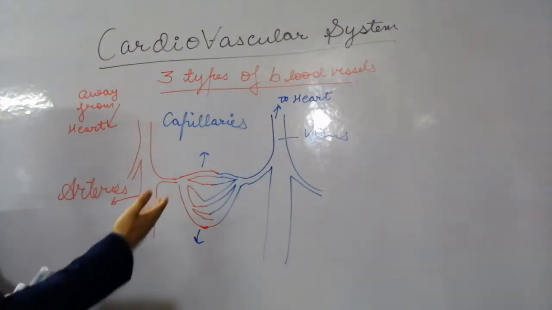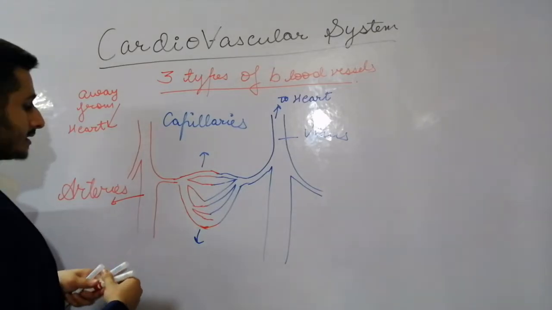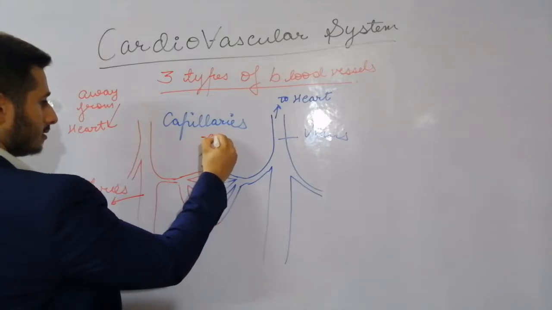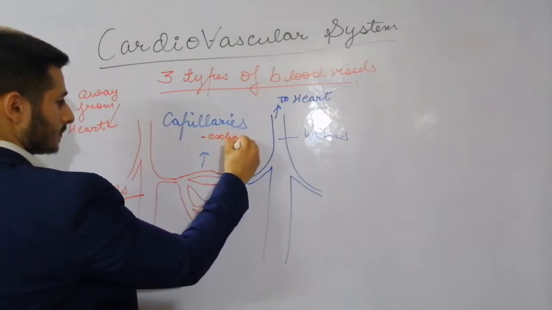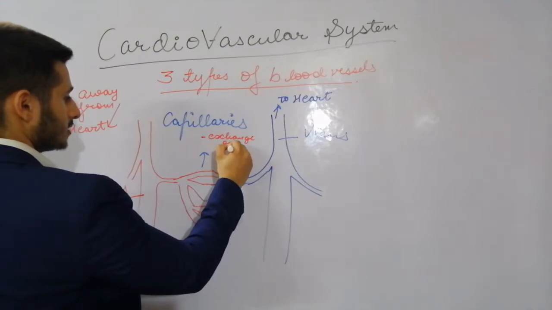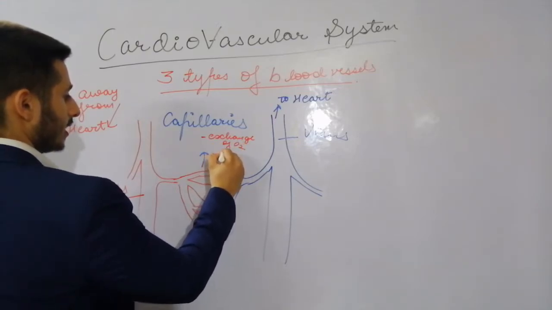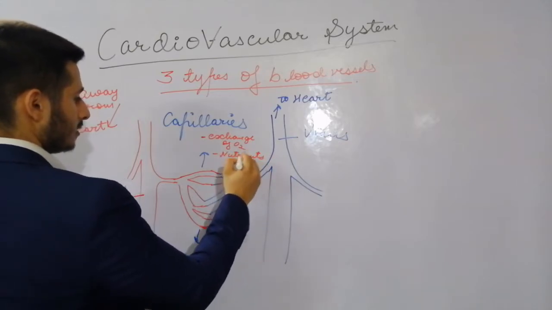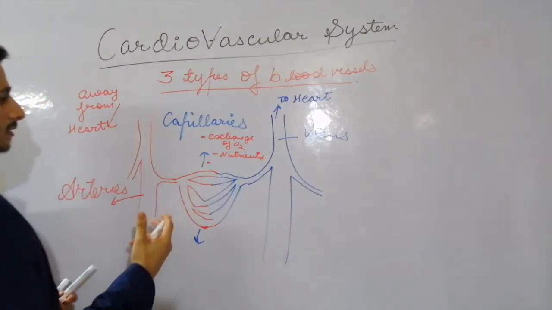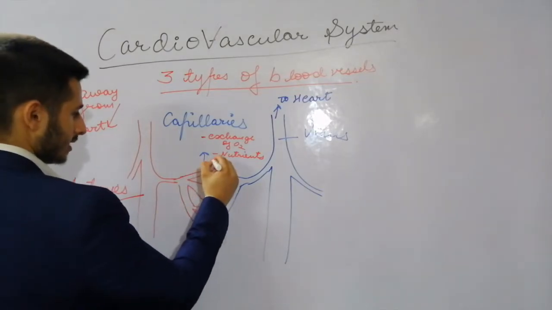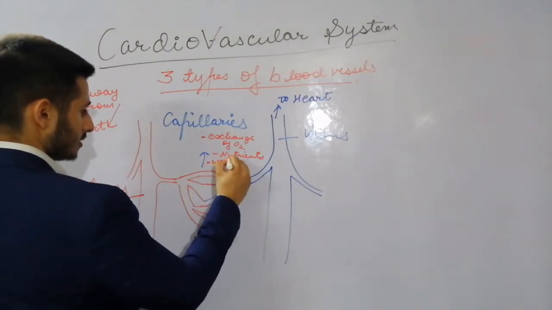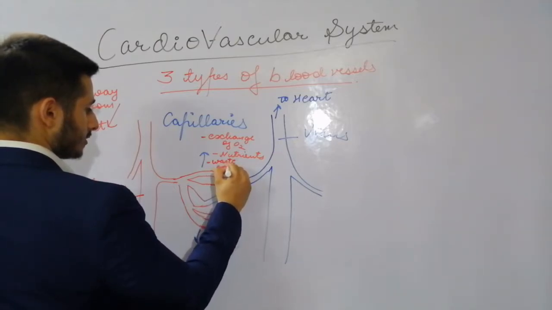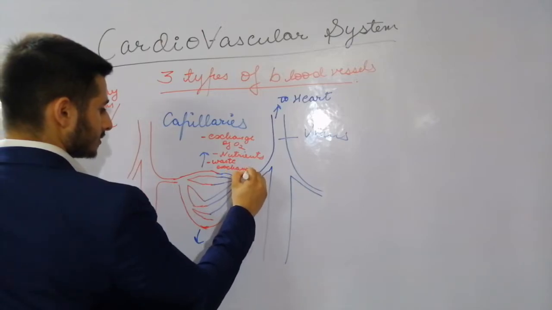And capillaries are a site for exchange of oxygen and different kinds of nutrients, and also a site where waste generated from tissues is exchanged.